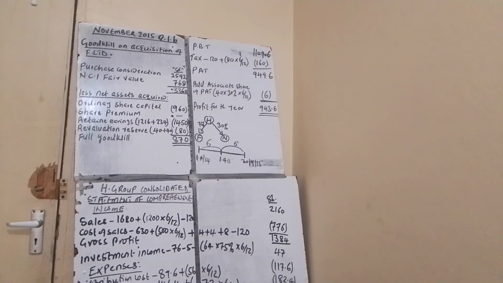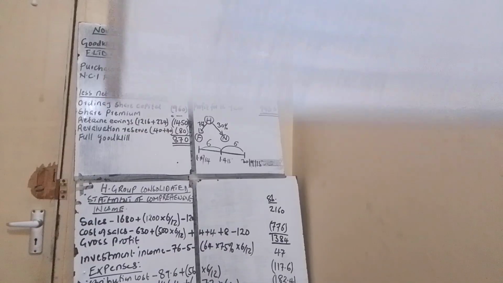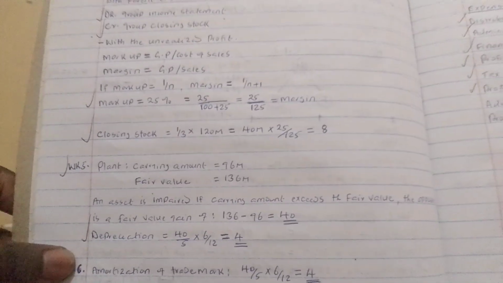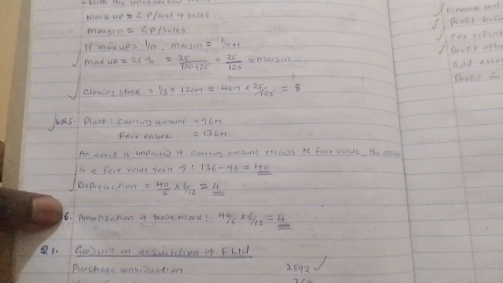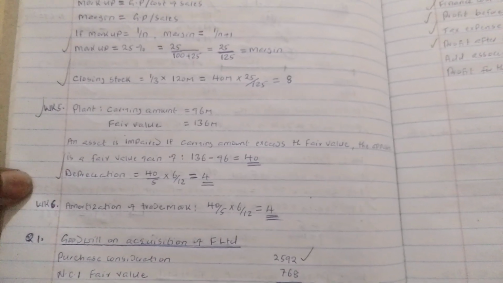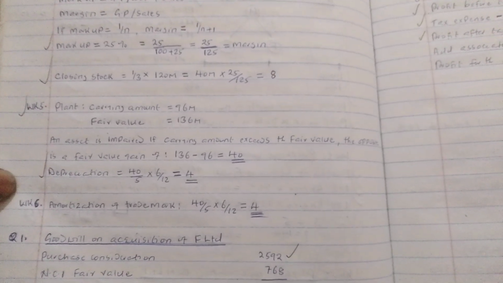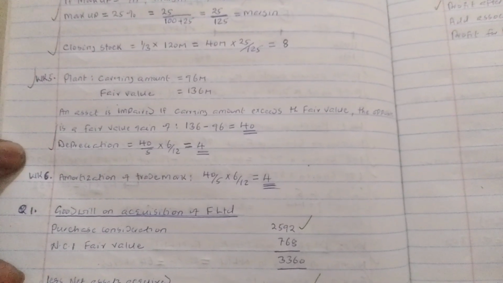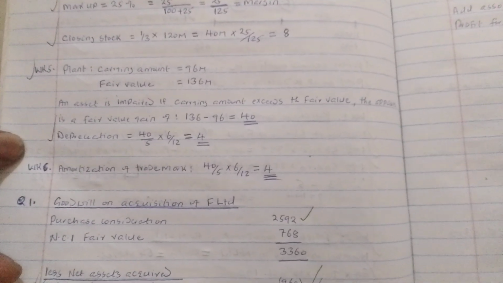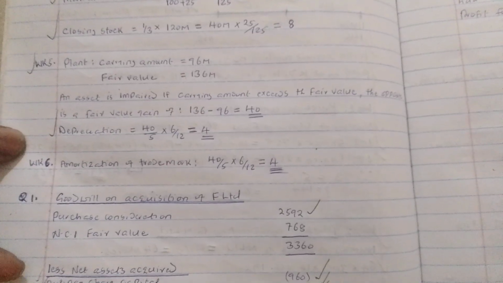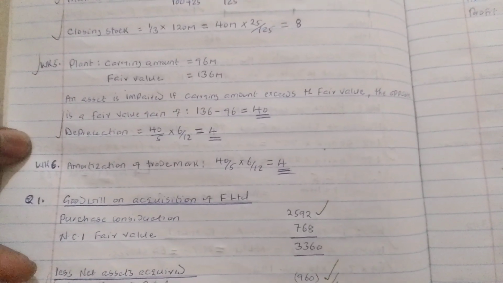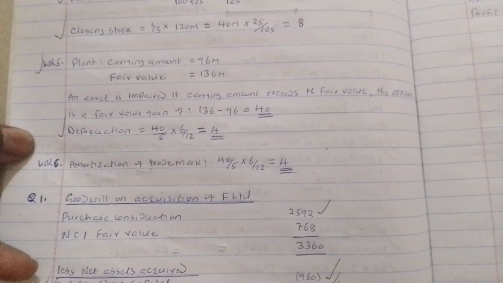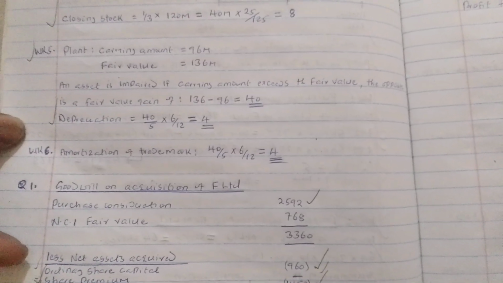The working for that, you can see what you have done. Here, you are writing that as working number 5. The carrying amount was 96 million, fair value 136. So the extra is 40, since 136 minus 96 is 40. We want to see what is the depreciation per year. We are told the expected life was 5 years for that particular item.